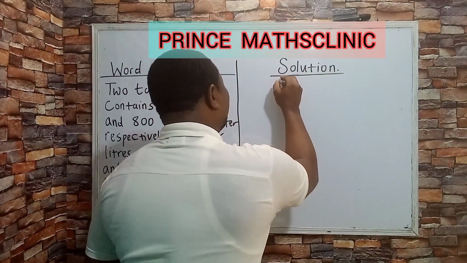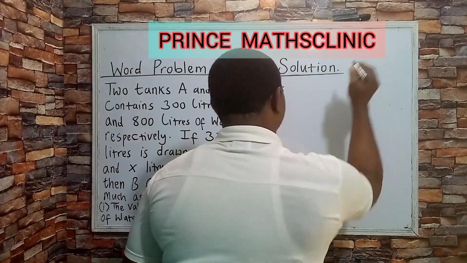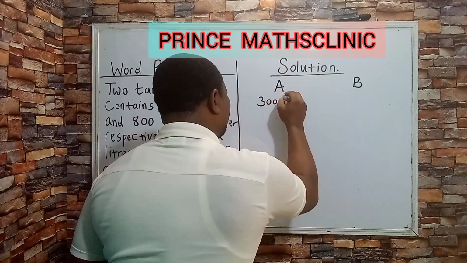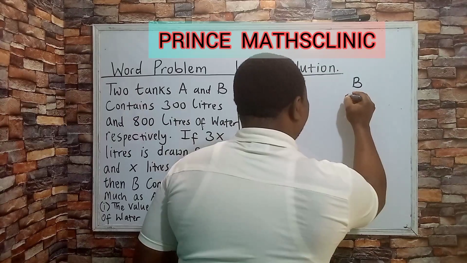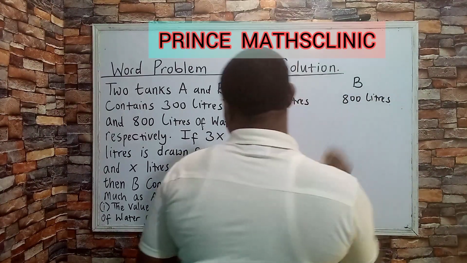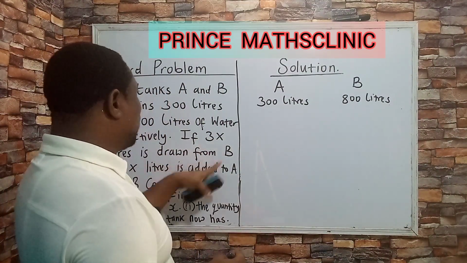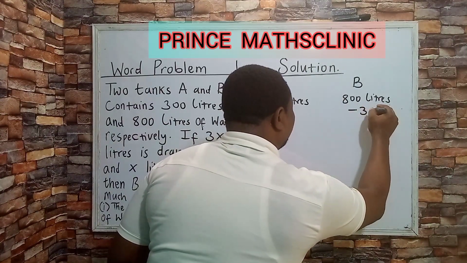Now, I have tank A and I have tank B. 300 liters is in tank A, while in tank B, 800 liters. Now, 3x liters is drawn from B, so this becomes negative 3x.